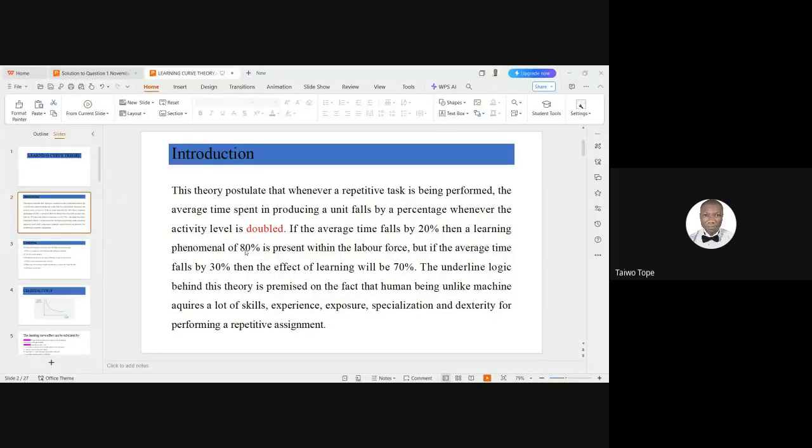That concept must be with us: the concept of the learning curve works with doubling: 1, 2, 2, 4, 4, 8. So where a question is trying to test you to determine the cumulative average time for the 7th batch, you must know the hours required for the 8th batch and for the first batch.